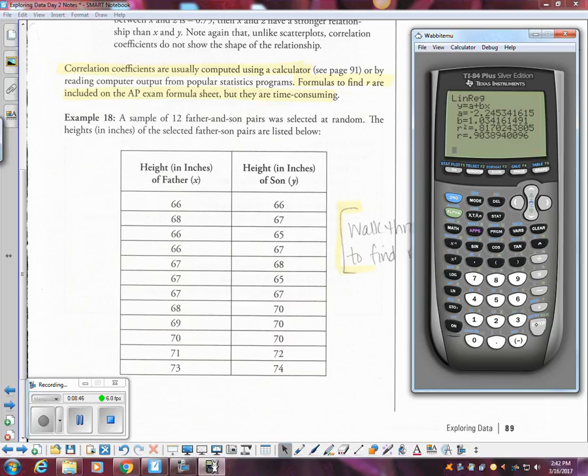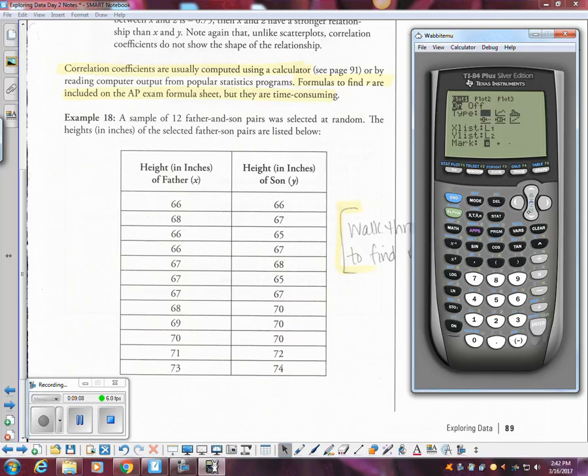So there's your r. And then to see the graph, you need to turn your stat plot on. So I'm going to go second y equals. And on plot 1, you want to make sure that it's on. So if it looks like this, you just go over to on and hit enter. And then you want to make sure you're on a dot plot.